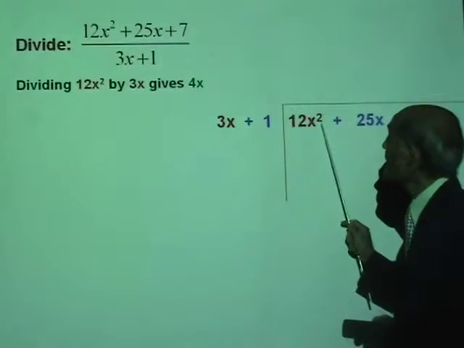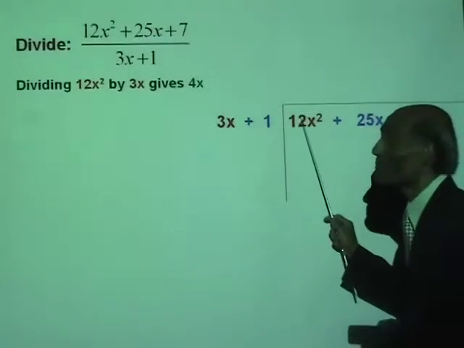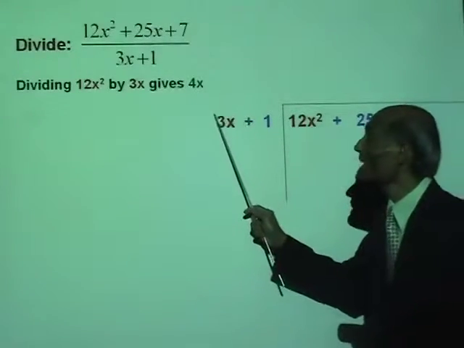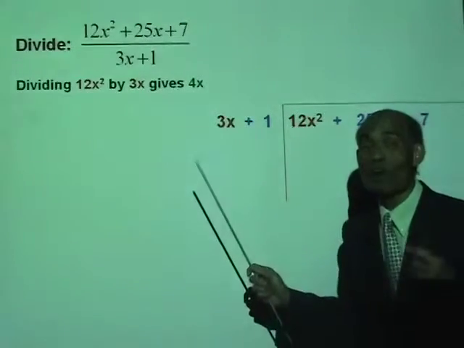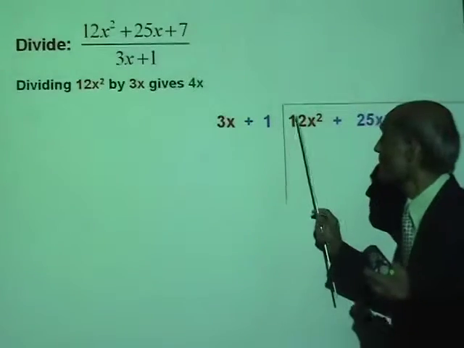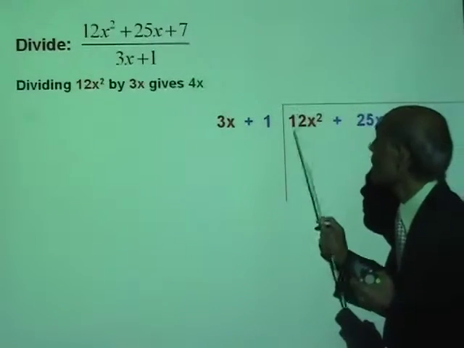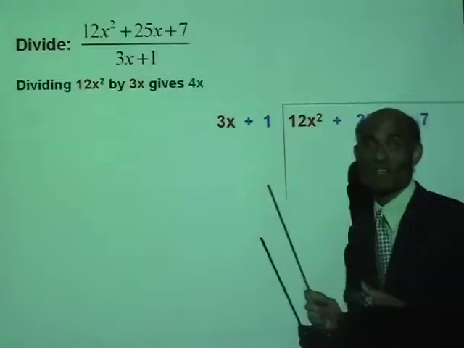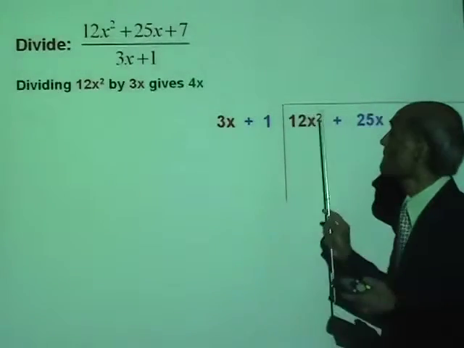12x squared is the first term of the dividend, and 3x is the first term of the divisor. Divide 12x squared by 3x. Can you divide that for me?